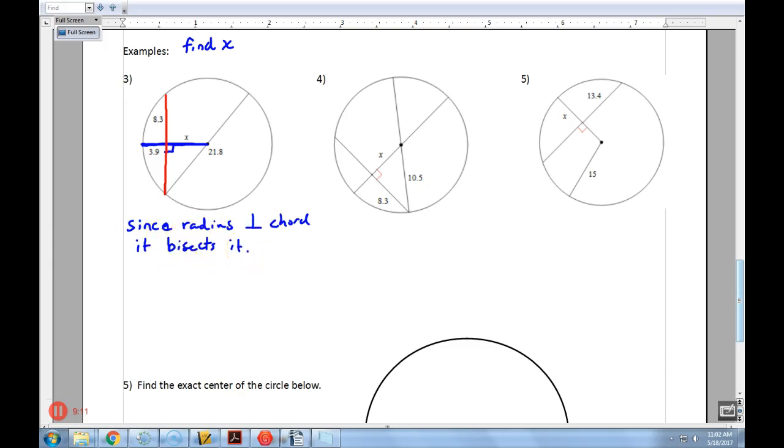So I know that this piece equals this piece. So that kind of helps me, because trying to find x, it looks like if I focus my efforts on this triangle right here, the red, blue, and green triangle, I think I'm going to be able to use Pythagorean theorem.